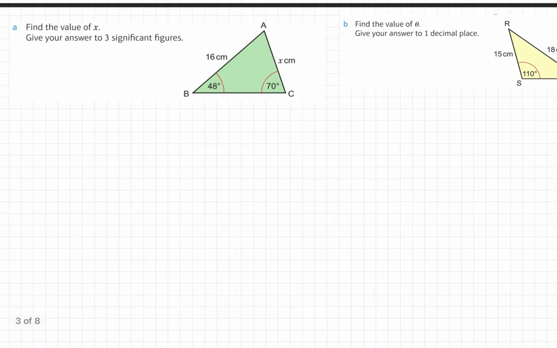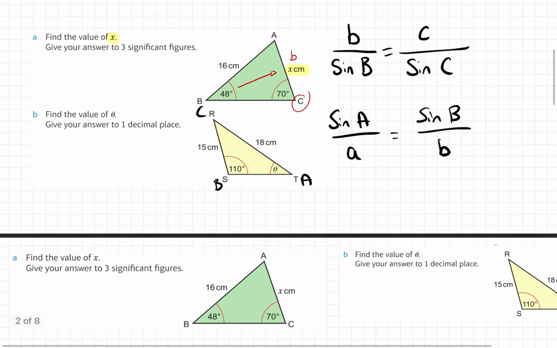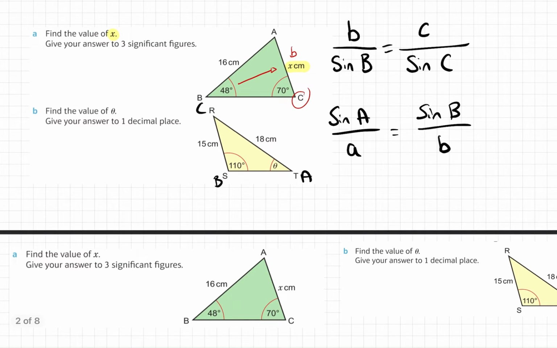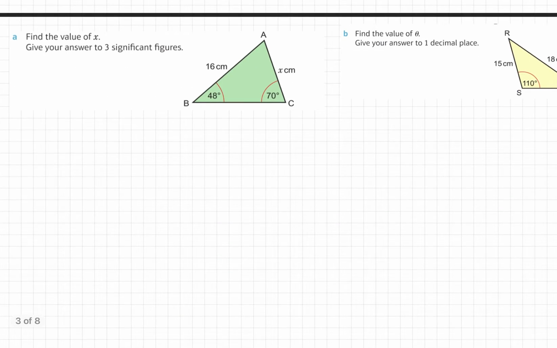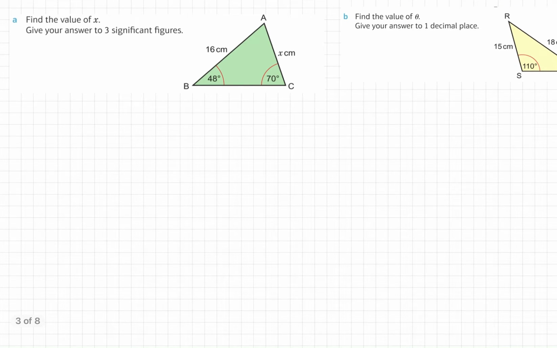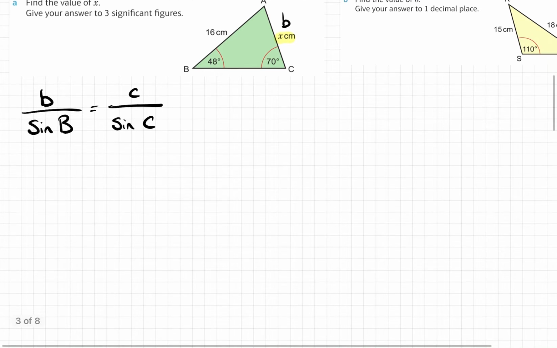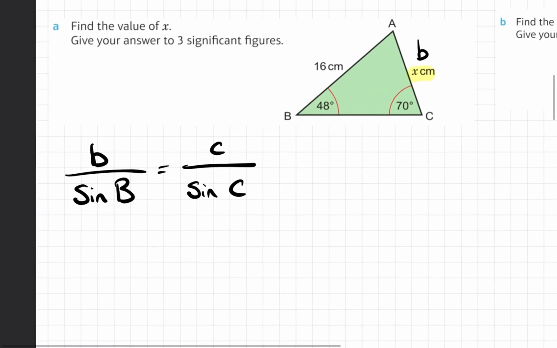So this one, we need to find the missing length. We'll find an x, and I'm going to call that b. b over sine of B equals c over sine of C. So I can now plug in some numbers.